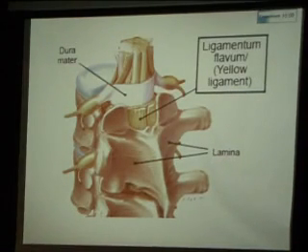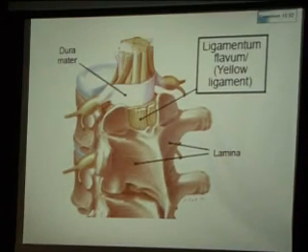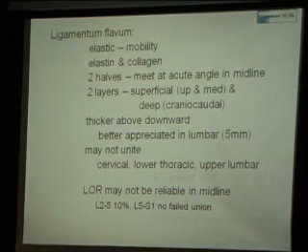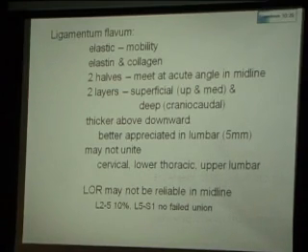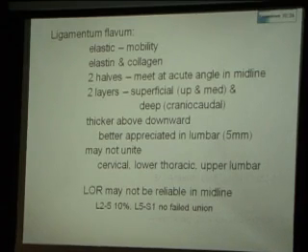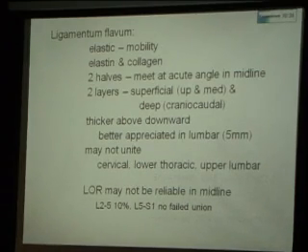The next ligament that comes in our way is the ligamentum flavum. It is an elastic ligament which allows the mobility of the spinal cord within the vertebral column. It is made up of elastin and collagen fibers. It has 2 halves which meet at an acute angle in the midline, and it has 2 layers: a superficial layer with fibers going upwards and medially, and a deep layer with fibers running craniocaudally.